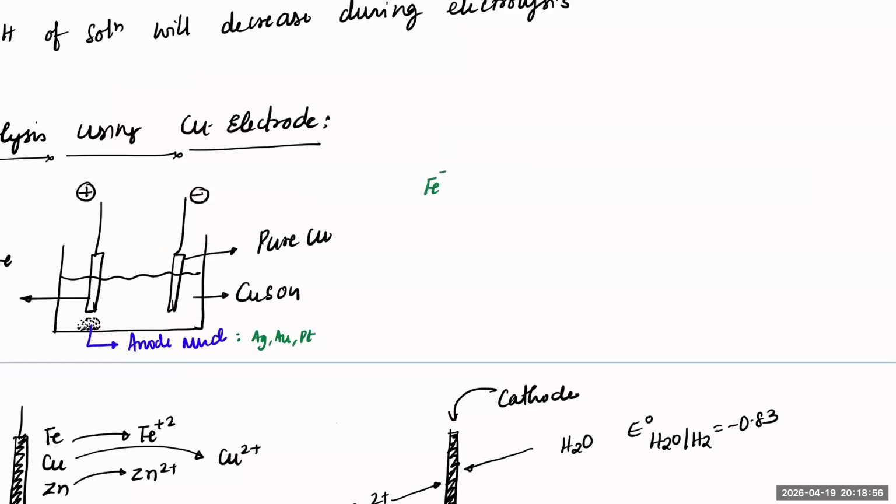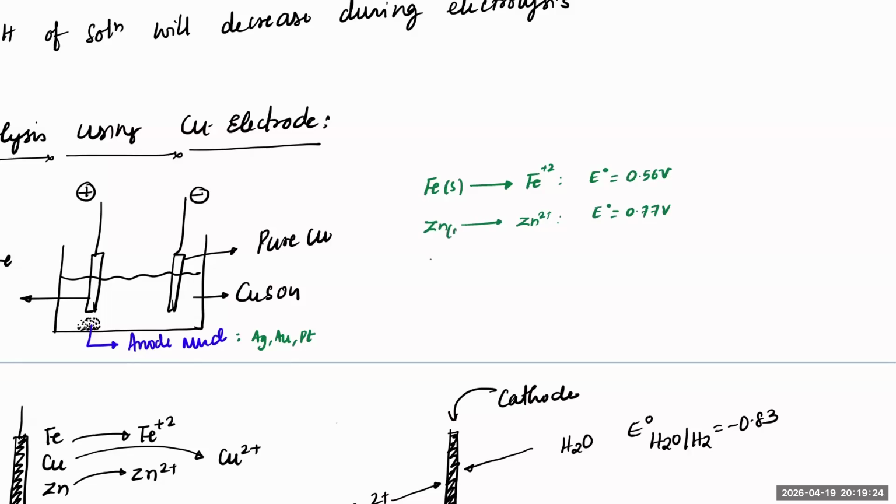Okay, the oxidation value of iron here, that is iron trying to convert into Fe2+, the E naught value is 0.56 volts. And zinc trying to convert itself into Zn2+, its E naught value is 0.77 volts.